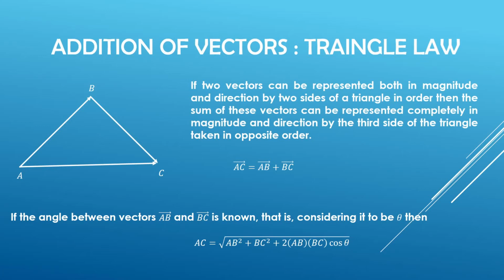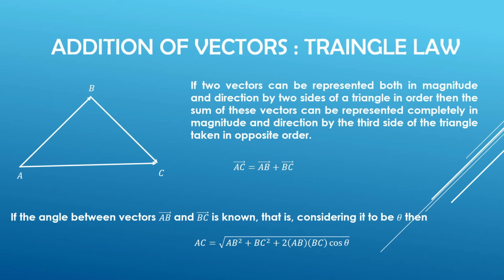Let us suppose that ABC is a triangle. Then, what do I mean by in order? Let us consider the AB vector, see the direction, and the BC vector. These two are the known vectors.